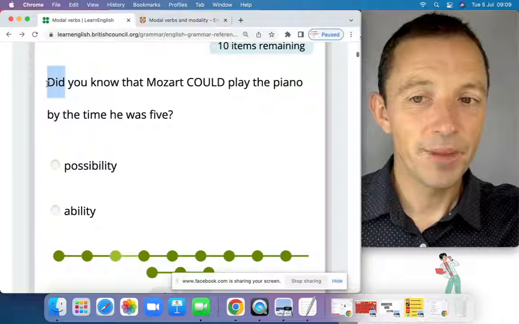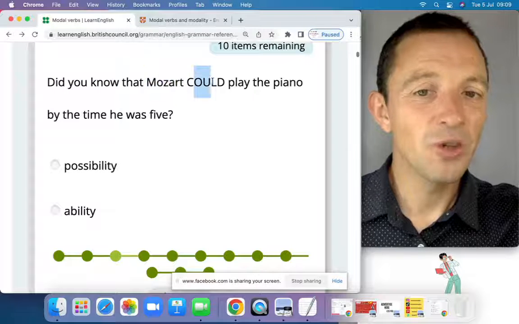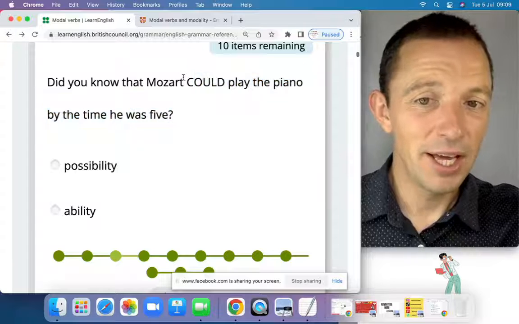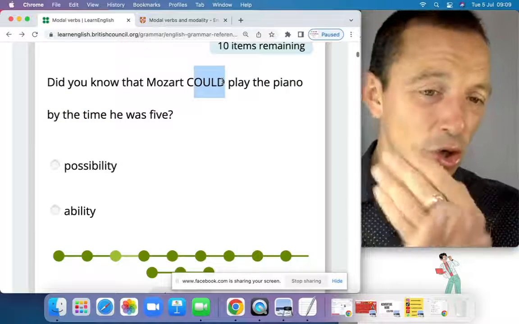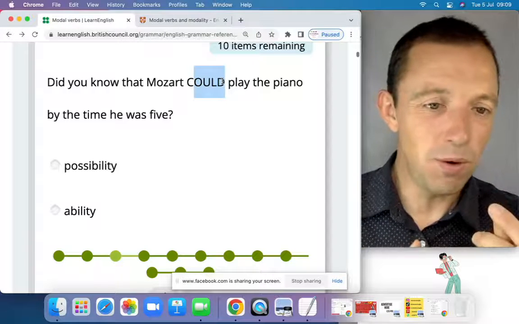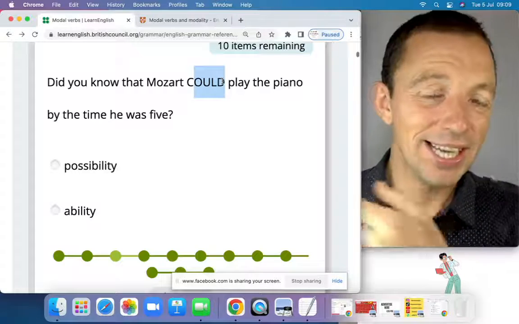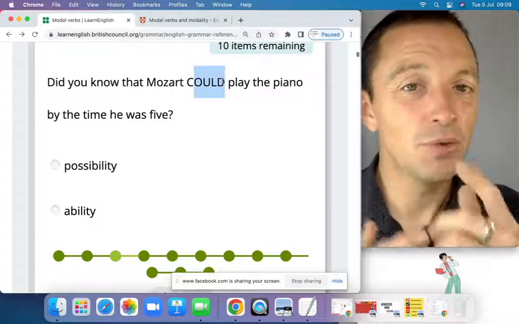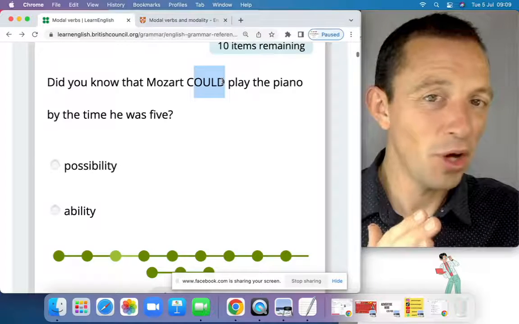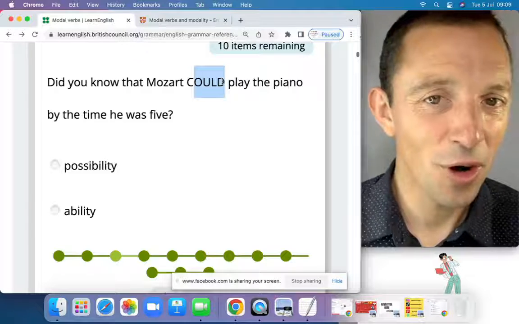Question: did you know that Mozart could play the piano by the time he was 5? The modal verb is could. The next verb is to play, but the rule, after the modal, we eliminate to, always, except have to or ought to.